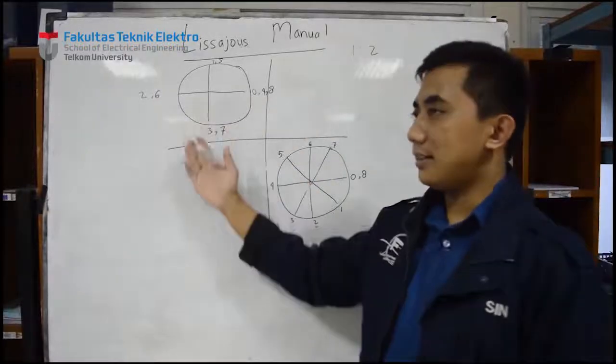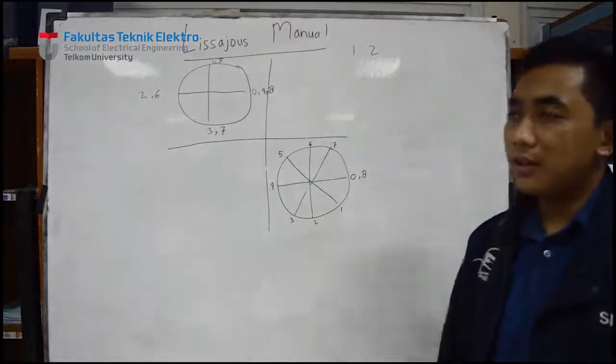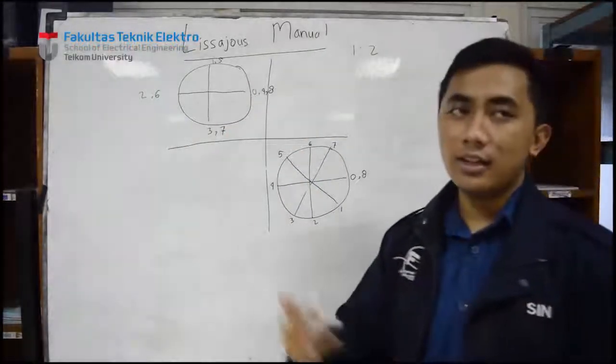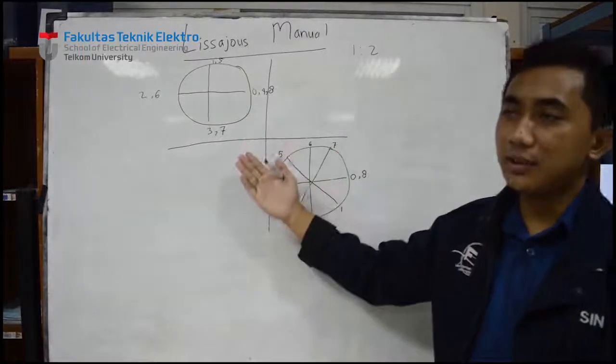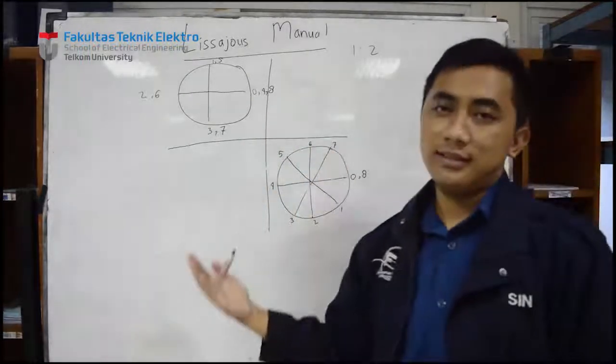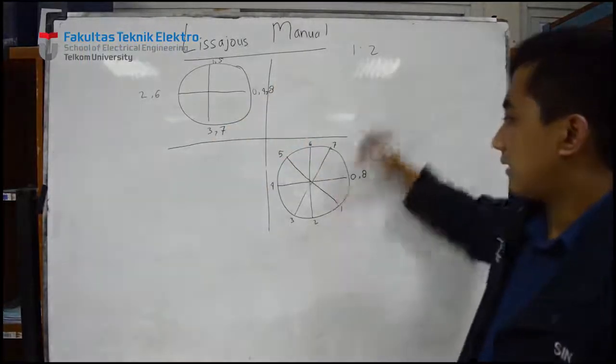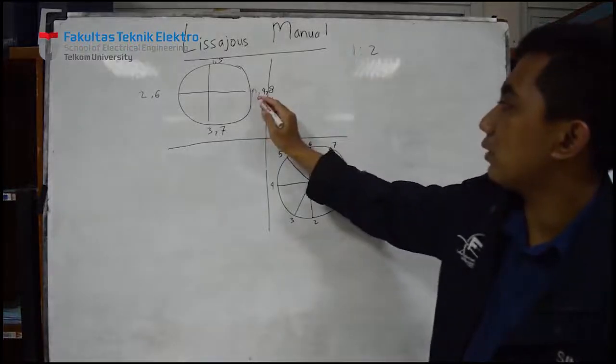When you done give the number, connect between 0 and 0, 1 and 1, 2 and 2, and so on.